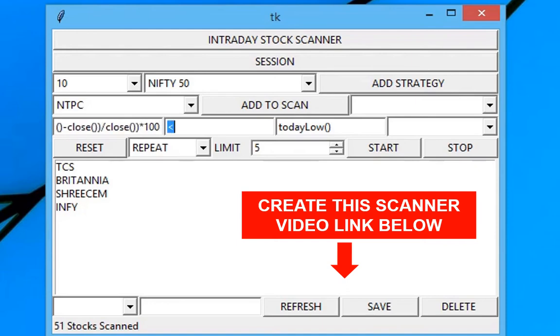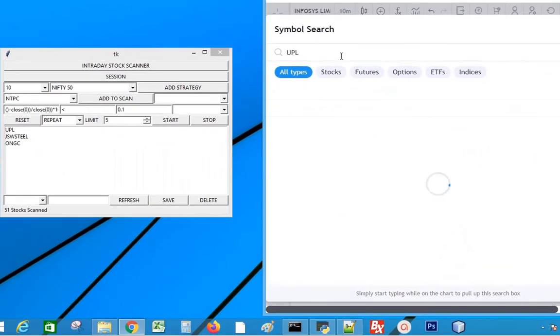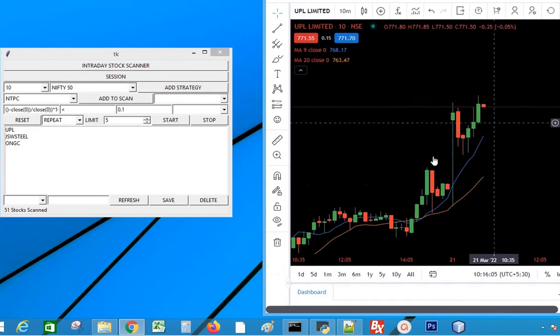Condition is percentage change between day high and close is lower than 0.1 and filter such stocks. Only 3 stocks found, and let us check them in chart.